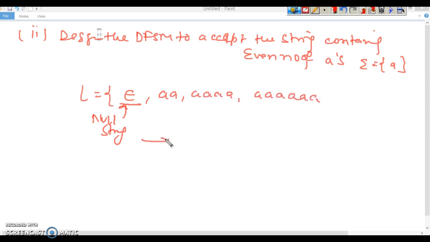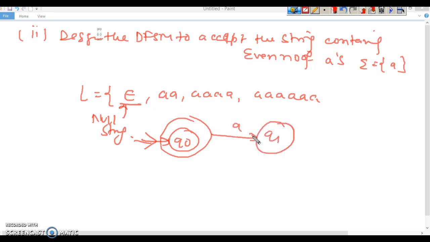So here we'll start with Q0. If nothing is there, it should also be accepted, which means this should be a final state. If 1 A is there, it is not a final state, so for 1 you have to write another state Q1. Then again with 2, it should be a final state, coming back to Q0, and this is the final state. This is the DFA for an even number of A's.